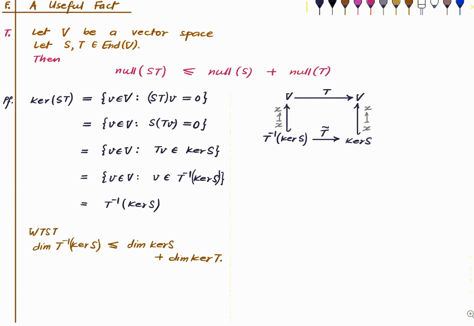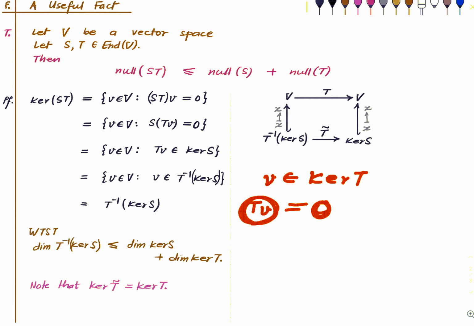Note that the kernel of T tilde is the same as the kernel of T. Fix V in the kernel of T; we want to show that V is in T inverse kernel of S, which is to say that T of V is in the kernel of S. But that is true because if V is in the kernel of T, then TV is 0 and hence TV is in the kernel of S. 0 is always in the kernel of every linear map.